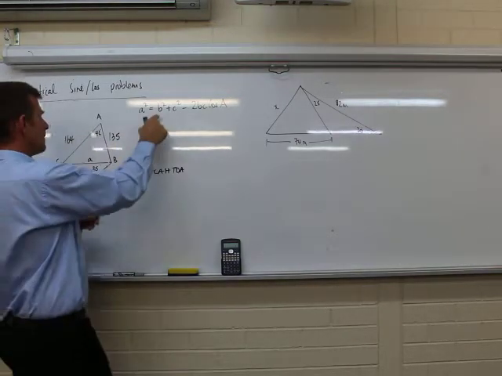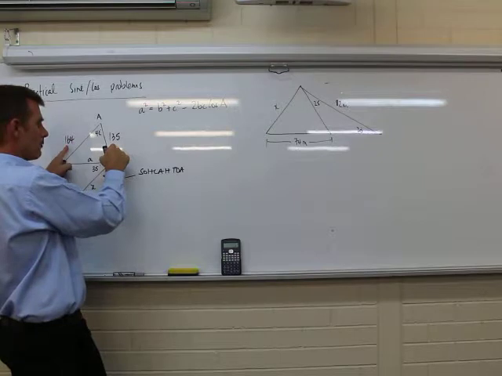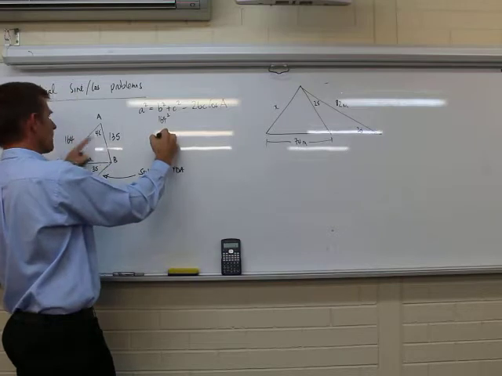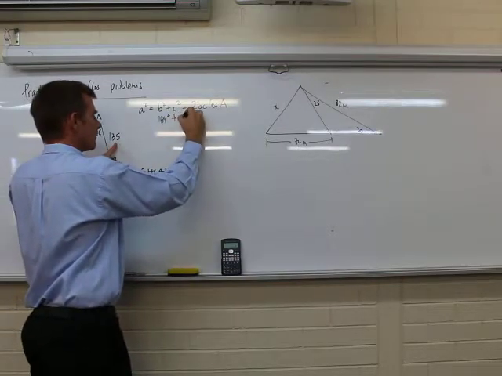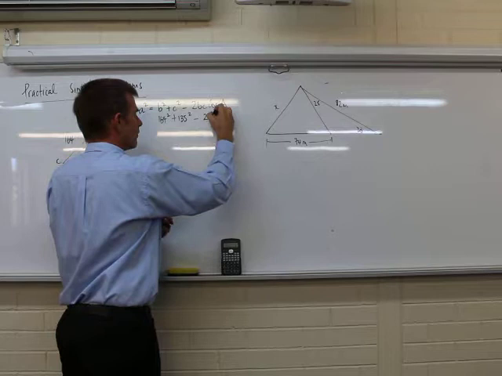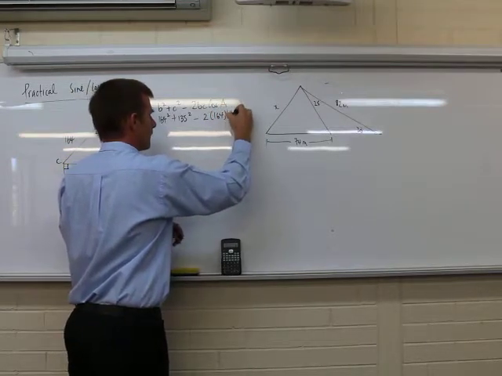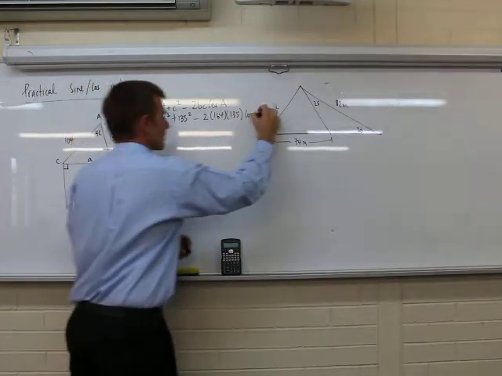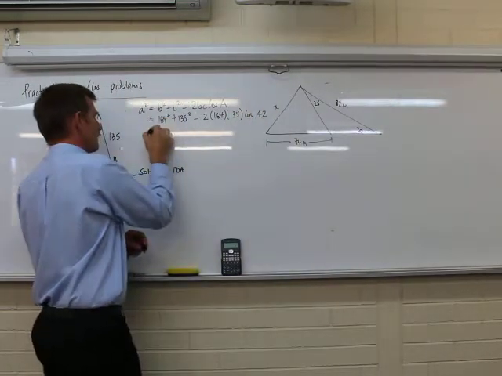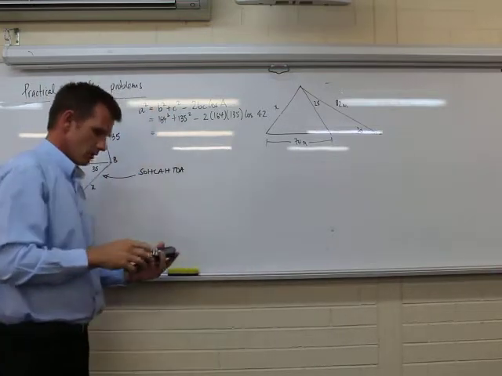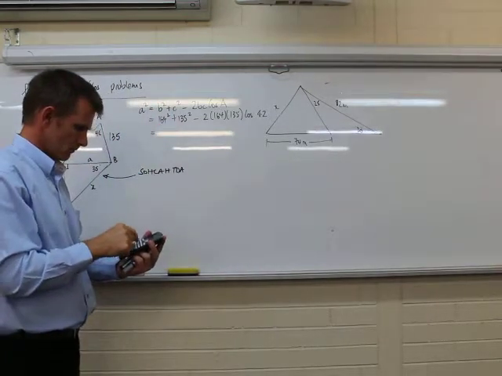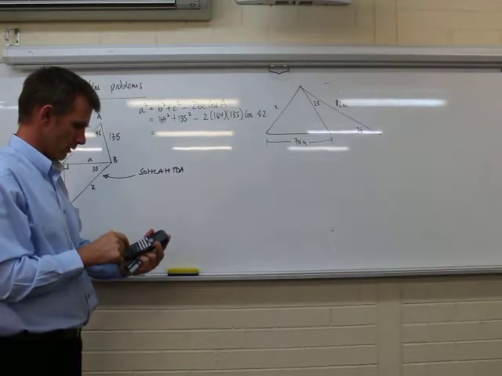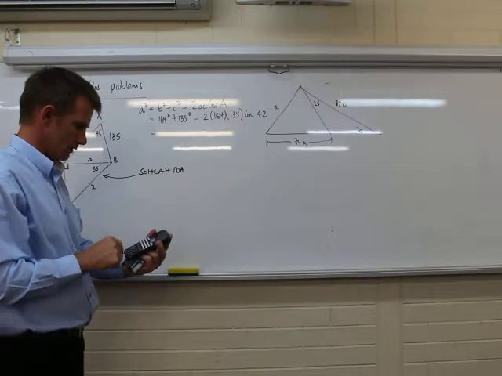Let's put some numbers in here. A and B don't really matter which way I put them around, but B is this one over here, so I'll put 164 there, squared, plus 135 squared, minus two lots of 164 times 135, times the cos of 42 degrees. Now when we get that in, I'll do a quick calculation: 164 squared plus 135 squared minus 2 by 164 by 135 by the cos of 42 degrees.